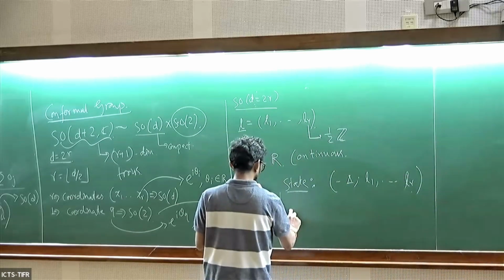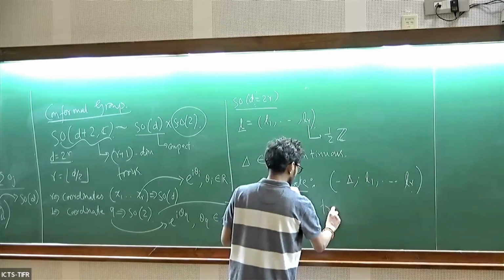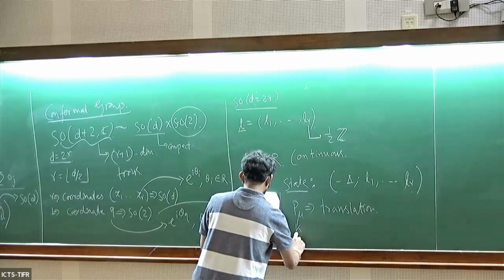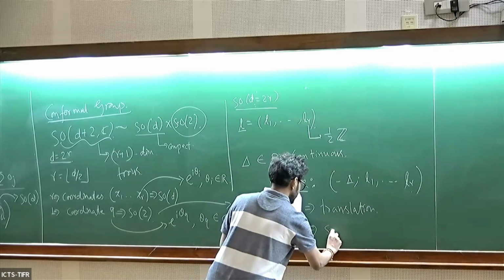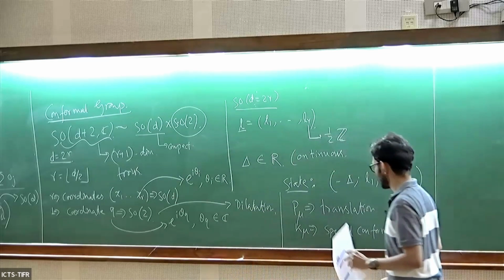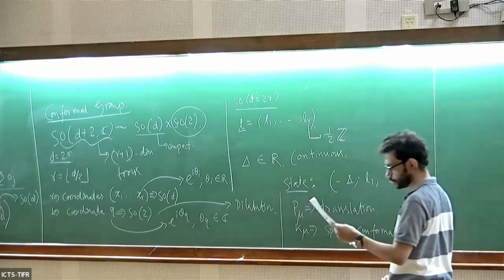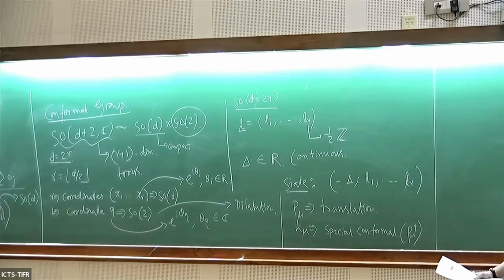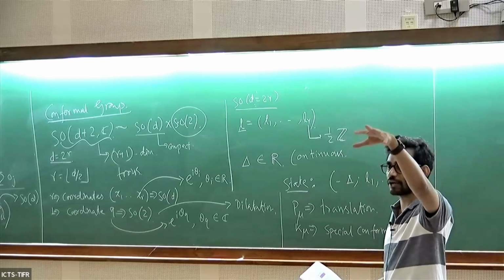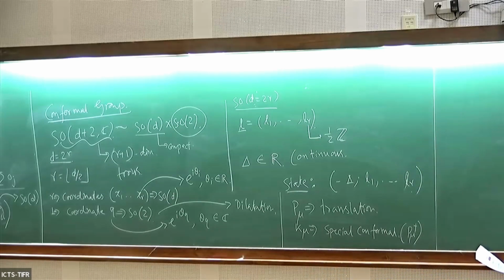So in this group, we have these two generators, P_mu, which is like a translation, and K_mu, which is the special conformal transformation. Now, K_mu is nothing but you can think of like P_mu dagger. And if you think of what you have done in angular momentum with J plus and J minus, you start with a J,m state and you act J plus until it is exhausted up to the highest weight state J,m.